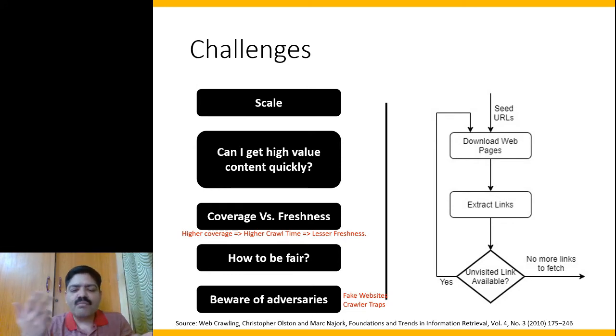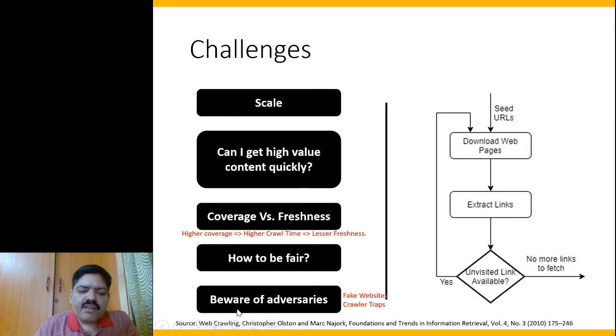So you don't want to get blocked. That's another reason why you want to be fair to search engines. Usually the web hosts publish some fairness constraints, and you are expected to honor that.